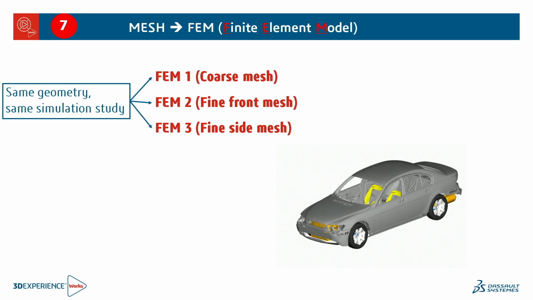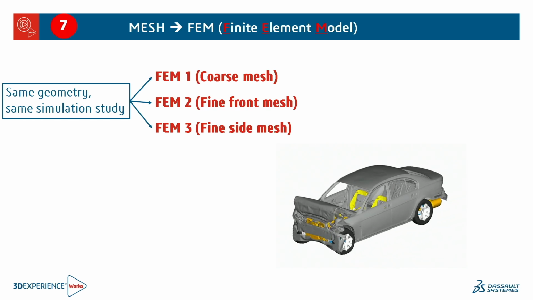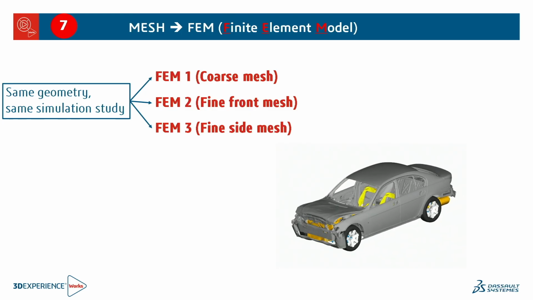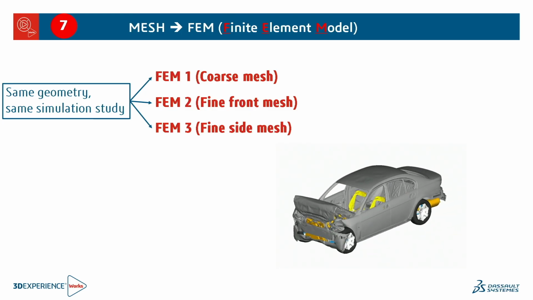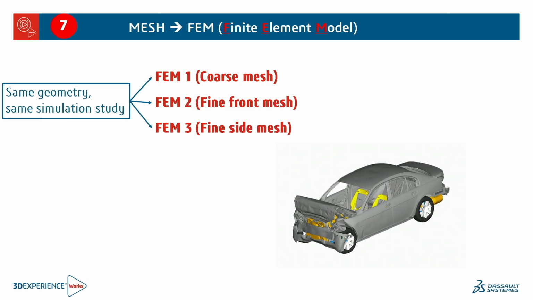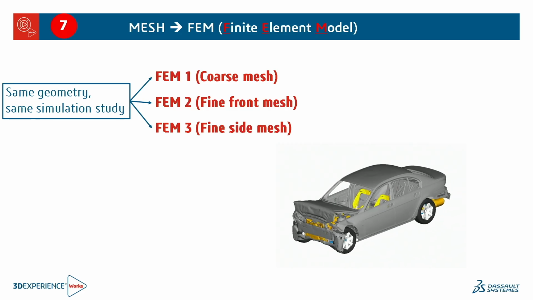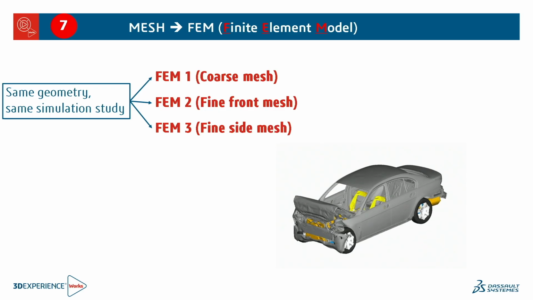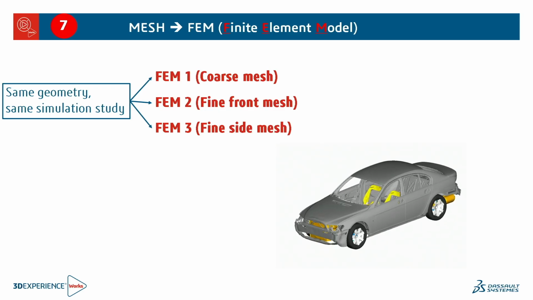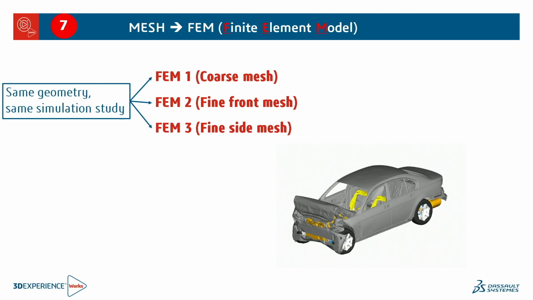But that's really something that is very powerful that we can't do in SOLIDWORKS Simulation. How do you do it today, right? In SOLIDWORKS Simulation, we'd have to overwrite the existing mesh with a different mesh density in order to get results, or you have to copy the study and apply a different mesh.